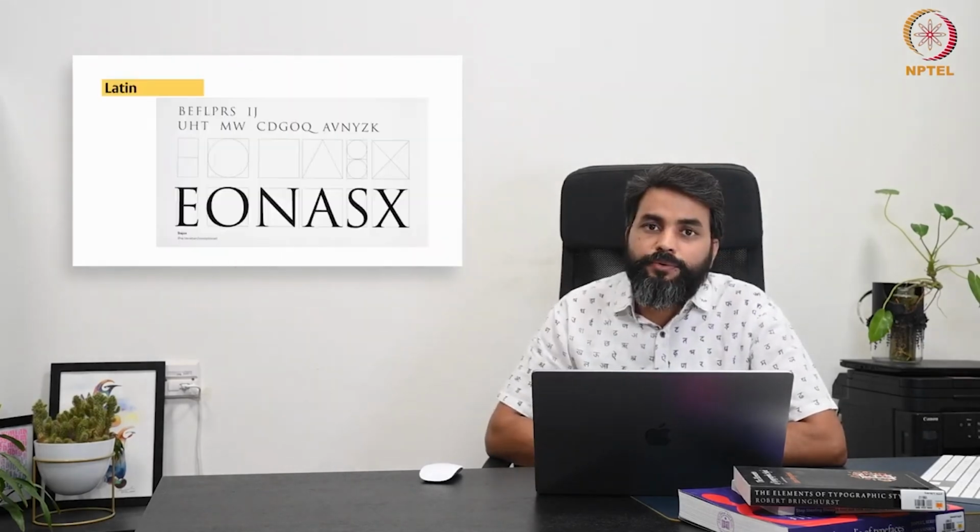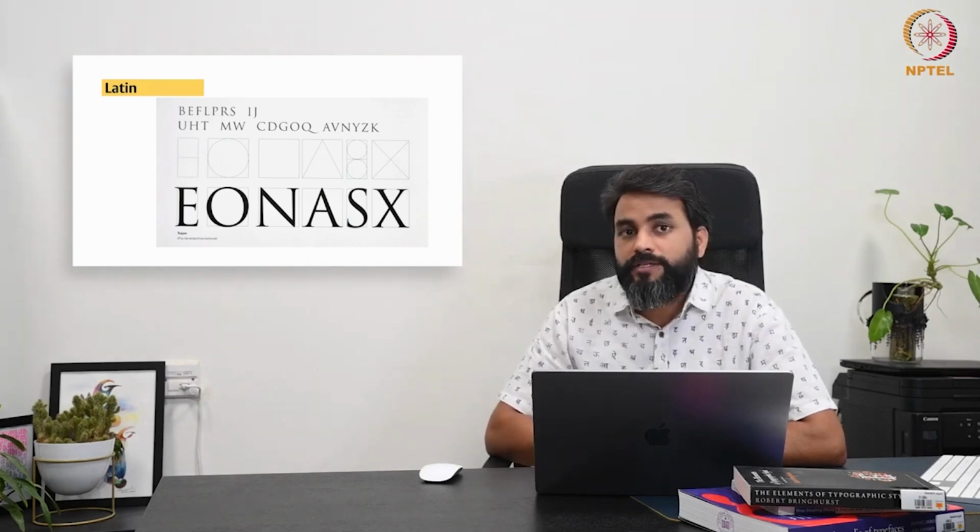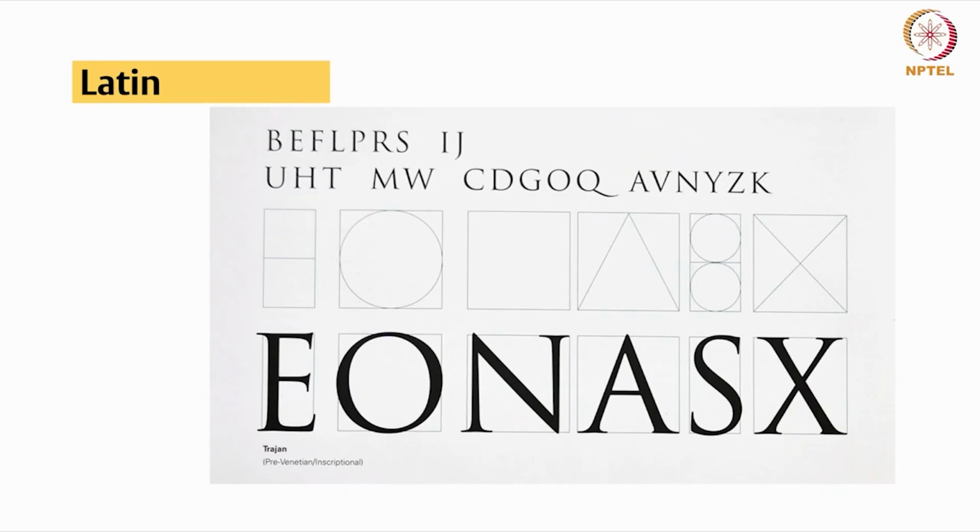That's why if you group these letters based on their width or other characteristic features, you will find certain patterns, such as letters B, E, F, L, P, R and S can be grouped in one group. And similarly, I and J can be grouped in another group, or C, D, G, O and Q. And this grouping here is happening because of the width of the letter.